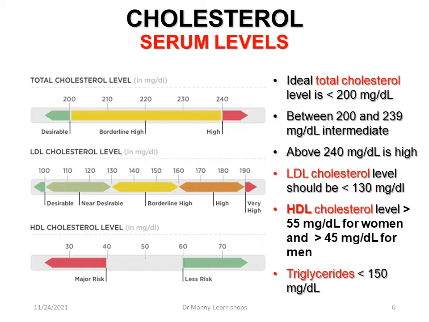LDL cholesterol, low density lipoprotein cholesterol level, should be less than 130 milligrams per deciliter, but this depends on your organisational policy as well, or your laboratory levels. HDL cholesterol level should be greater than 55 milligrams per deciliter for women and greater than 45 milligrams per deciliter for men. They keep an eye on your LDL cholesterol level. Triglycerides should be less than 150 milligrams per deciliter.